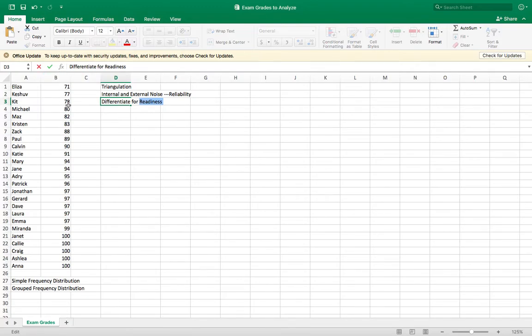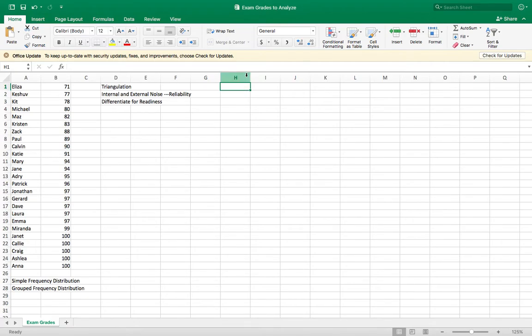But here's the thing. I only have the ability to create 2 groups tomorrow in class. Why? Because I don't have my teaching assistant with me, or in the real world, I don't have a teaching assistant. And it really just makes sense for me to differentiate on 2 levels. So what I want to do is think about 2 groups.